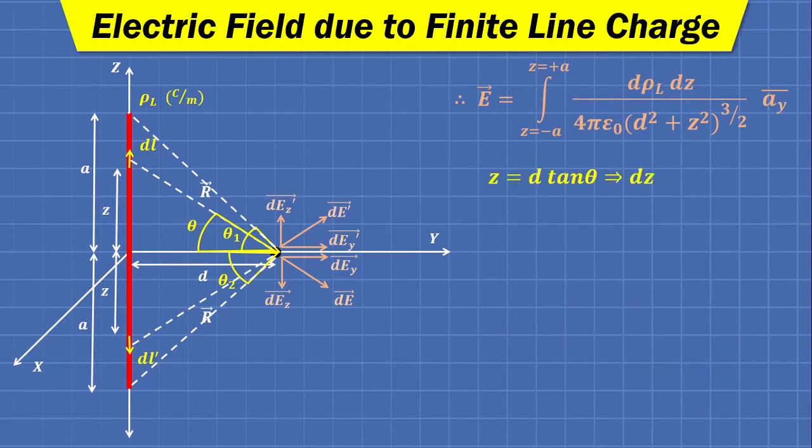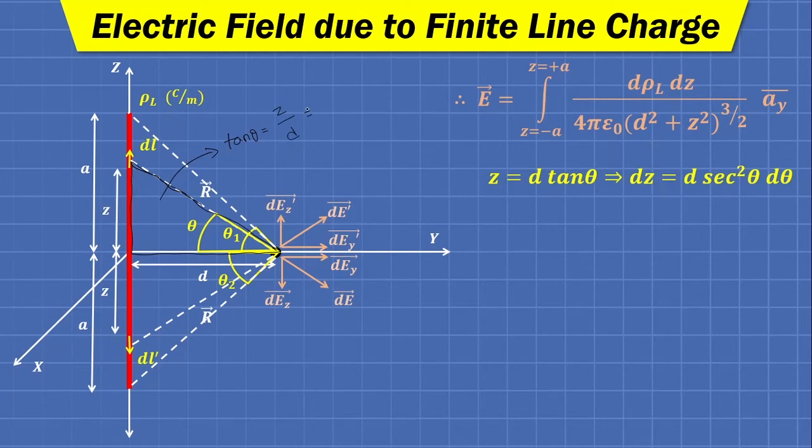So now we can say that z equals d tan theta. If you consider this right angle triangle, then for this triangle tan theta is defined as the ratio of the opposite side, that is z, to the neighboring side, which is d.